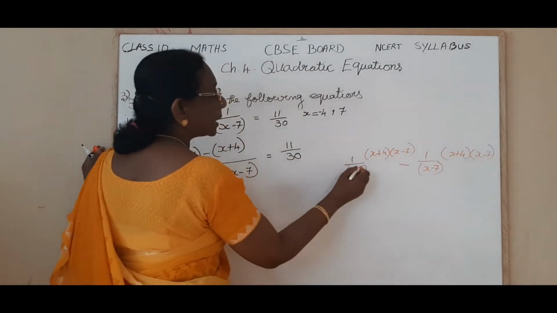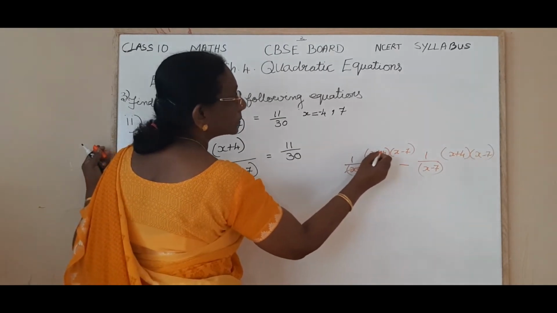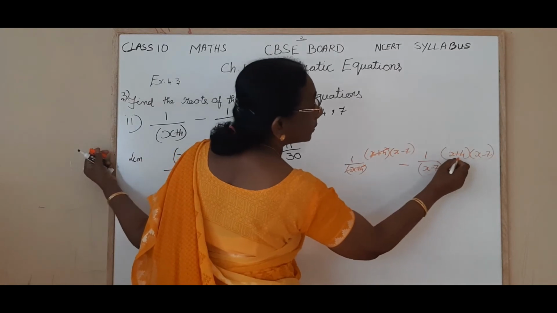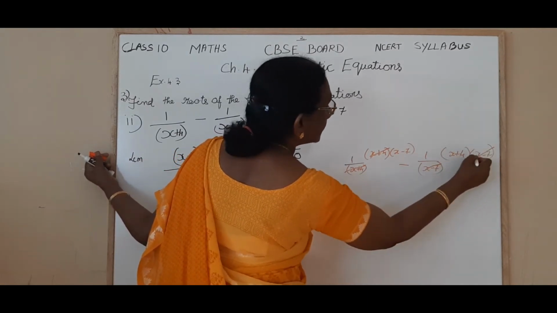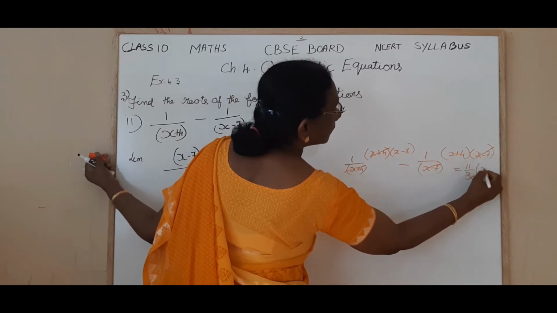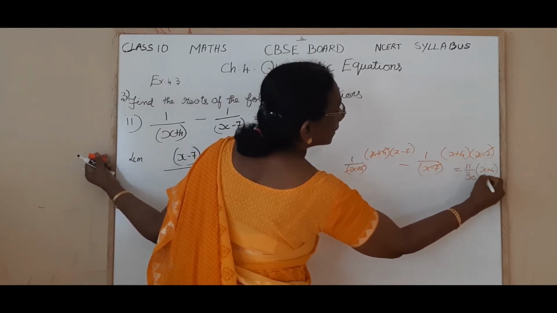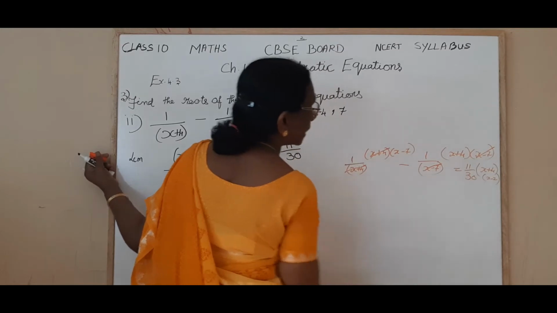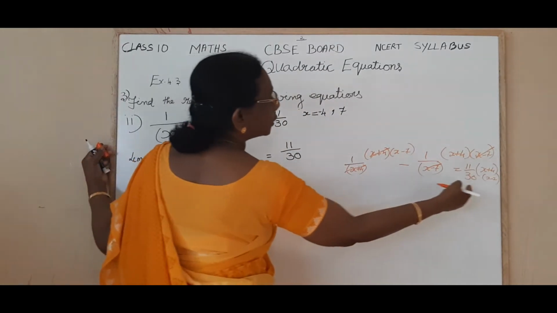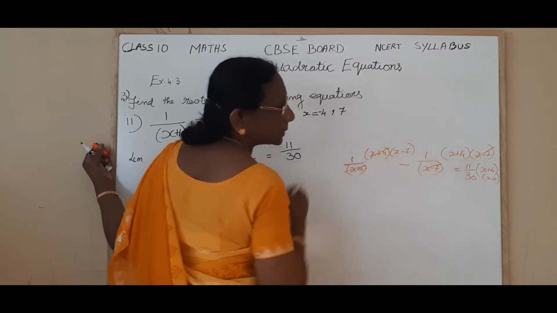So when you cancel, what will you get? This and this will get cancelled, and that is equal to 11 by 30 into x plus 4 into x minus 7. So that means you have to multiply each and every term by x plus 4 into x minus 7.